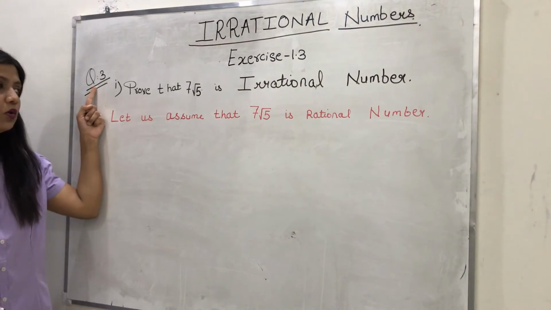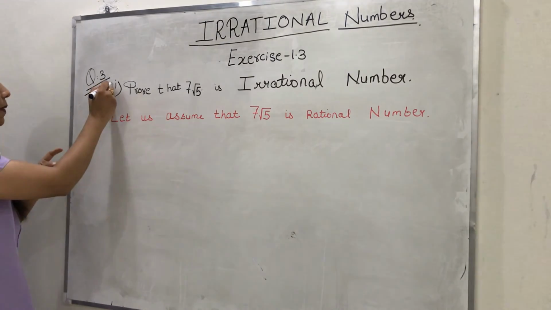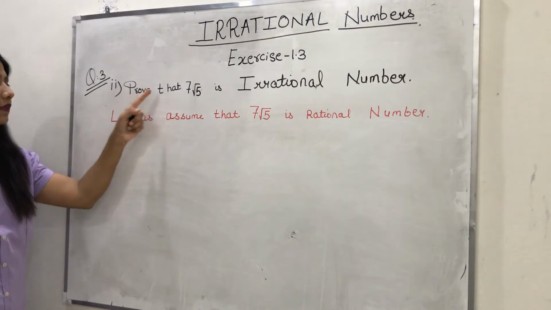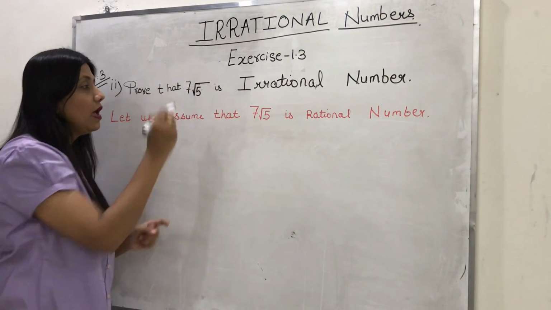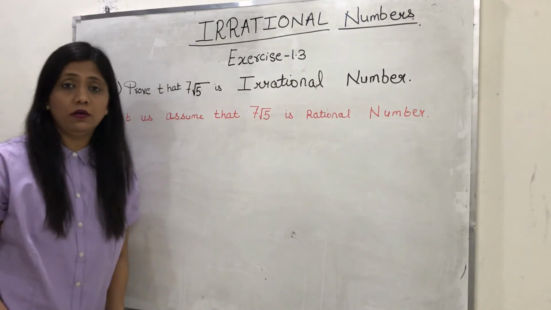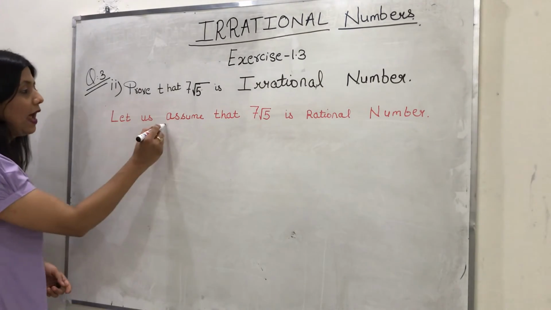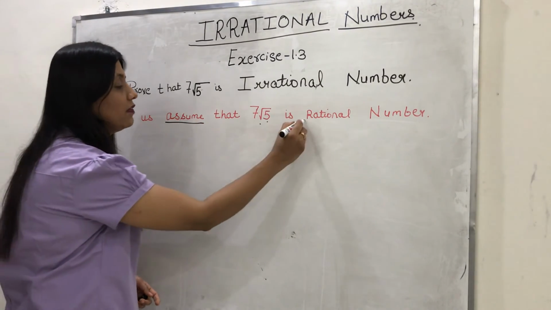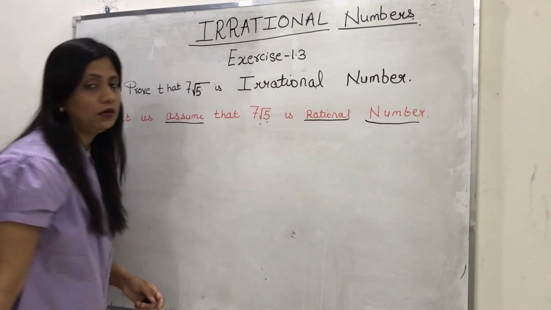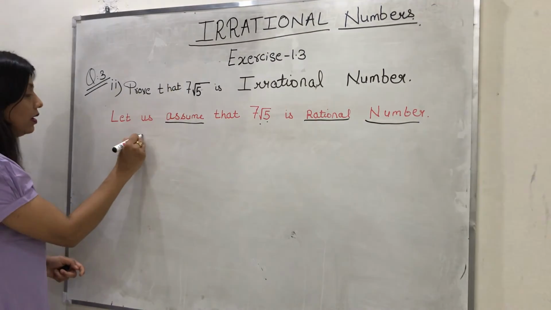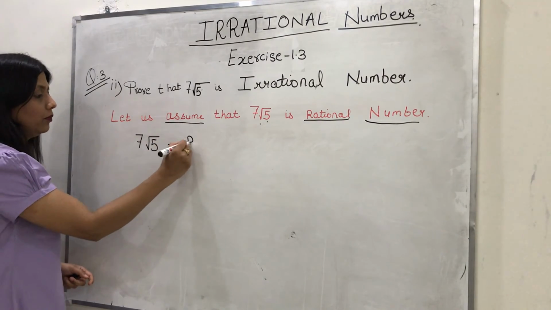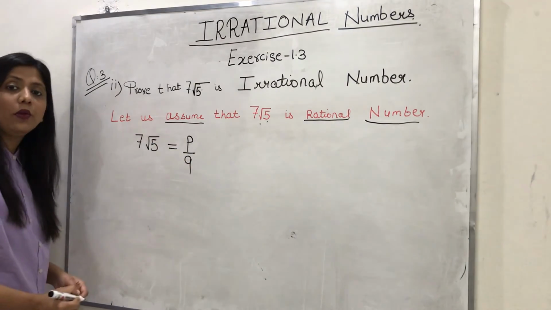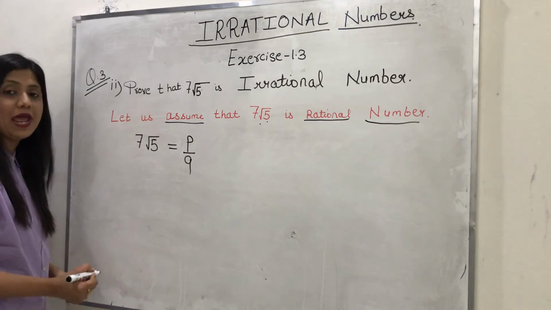So now in question number 3, second part, we have to prove that 7 root 5 is an irrational number. Again we will assume that 7 root 5 is a rational number. So if it is a rational number, it can be written in p by q form, where p and q are co-prime.